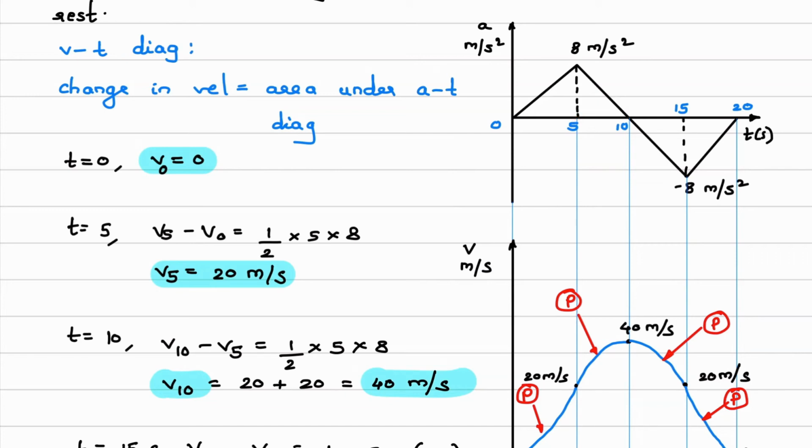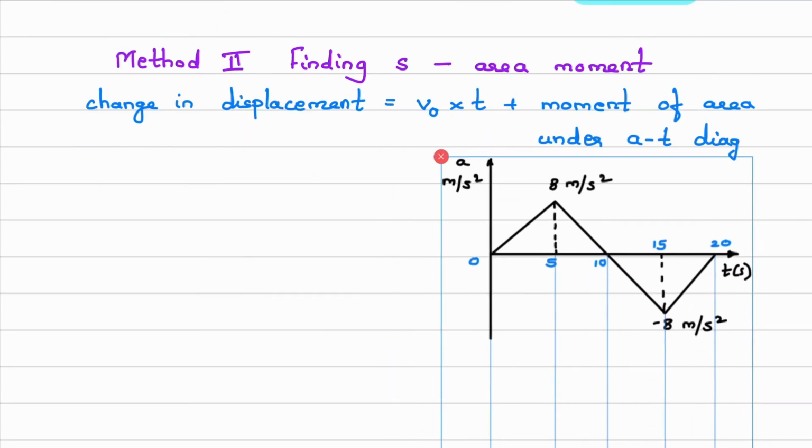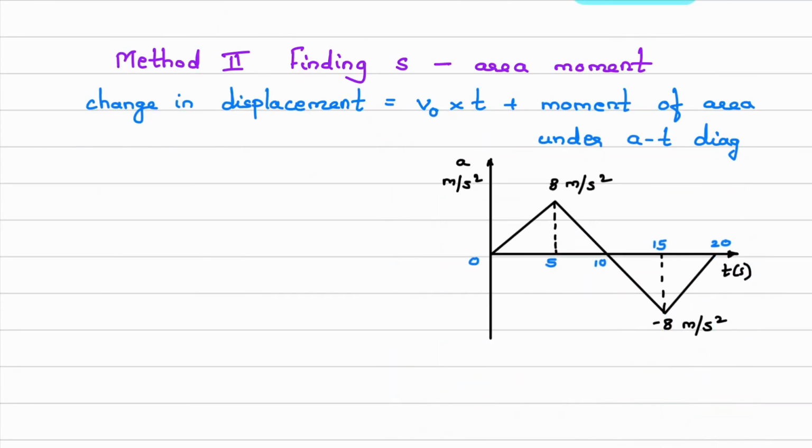Okay, next point we have to take. Now if you locate the centroid over here, I'll just copy this diagram again. So we'll first locate the centroid. Okay, with respect to next point, we have to mark the centroid. So with respect to point 5, what will be centroid?